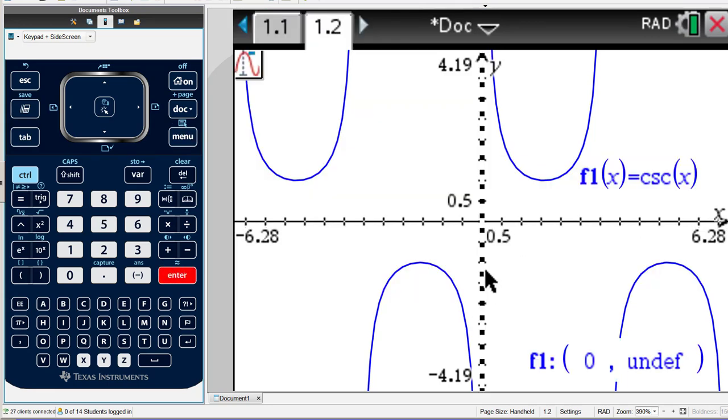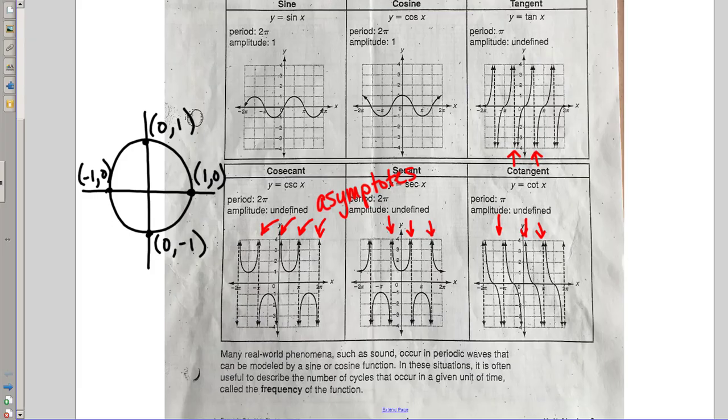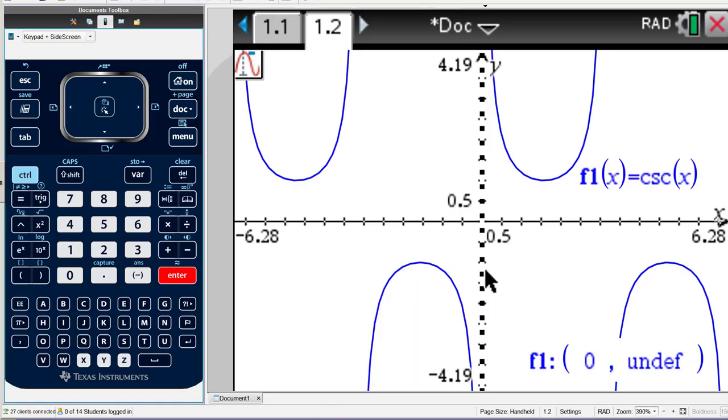So when x is 0, it's undefined. Notice it popped up automatically. We could also type in one of those values if we wanted to see where else is undefined. So if we go back to that note page, we can see on the note page for cosecant, it's undefined also at pi, right? Because that's the next position where sine is 0.